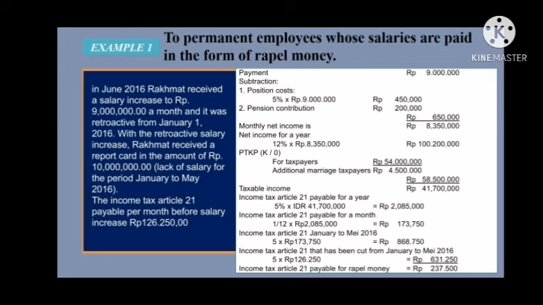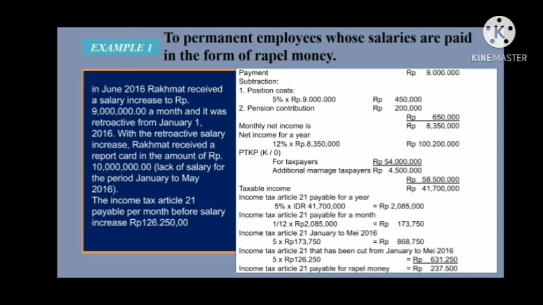So 100,200,000 minus 58,500,000 to 41,700,000 rupiah. So the taxable income is 41,700,000 rupiah.